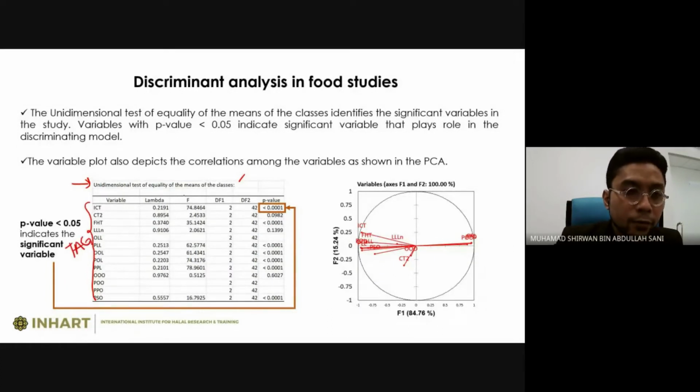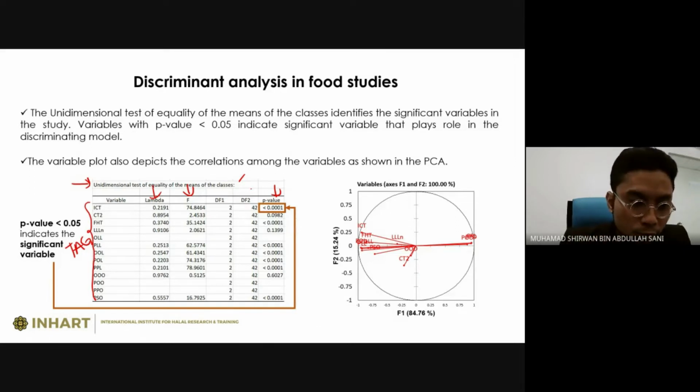Okay, and then they will calculate the lambda, F statistic, and p-value. So what we are looking for are those significant variables or TAGs having the highest F statistic, which indicates that variable is the significant one that assists the discrimination of the samples.